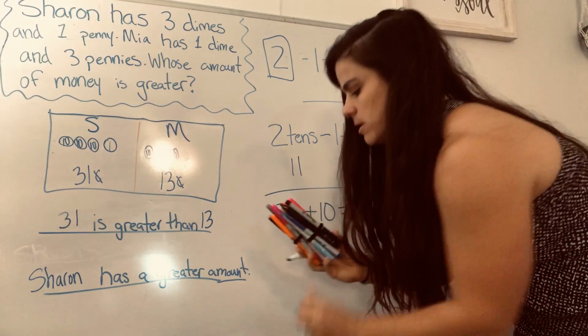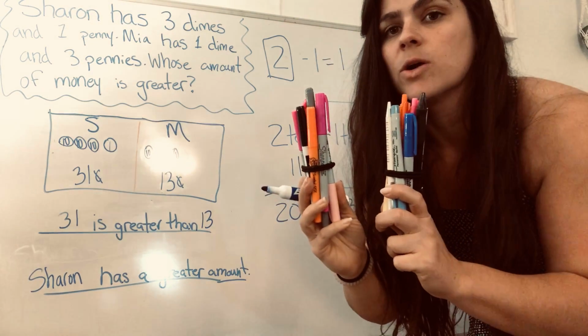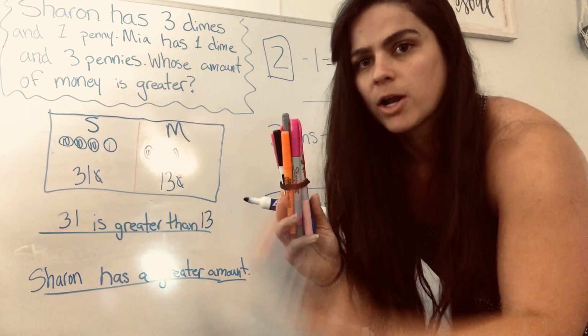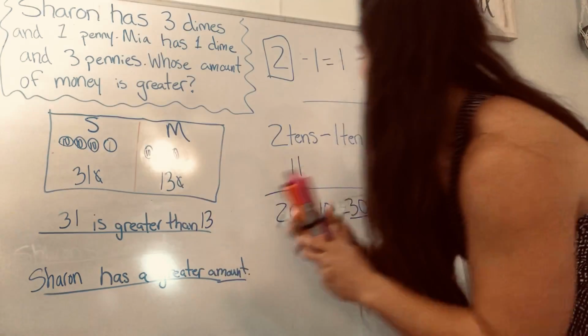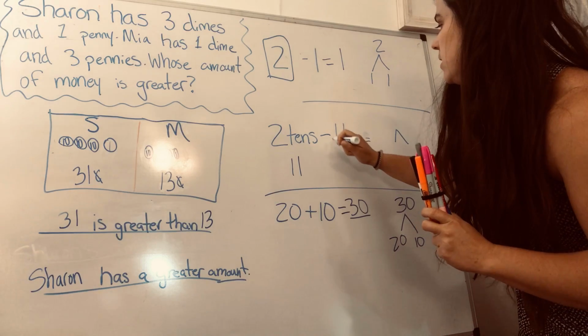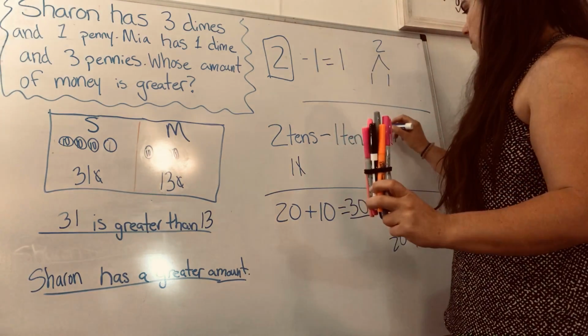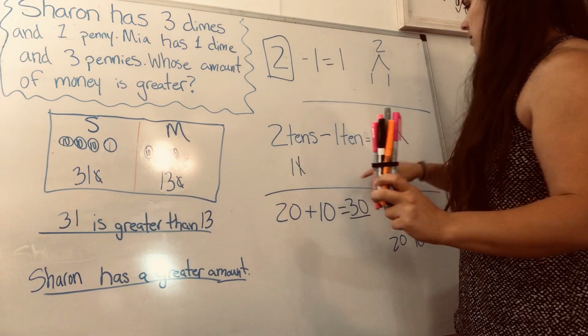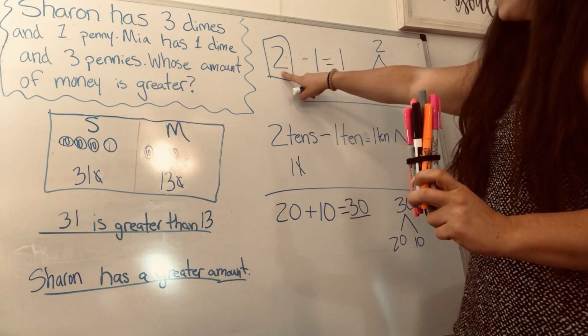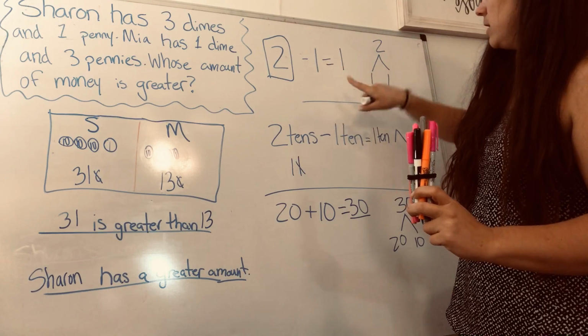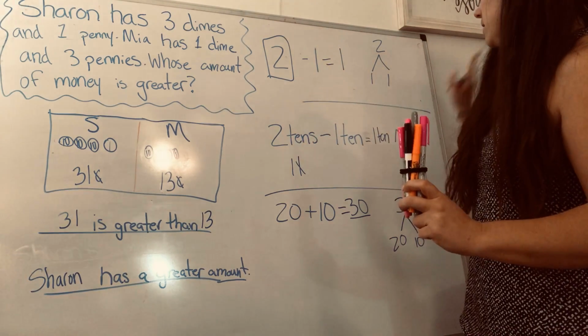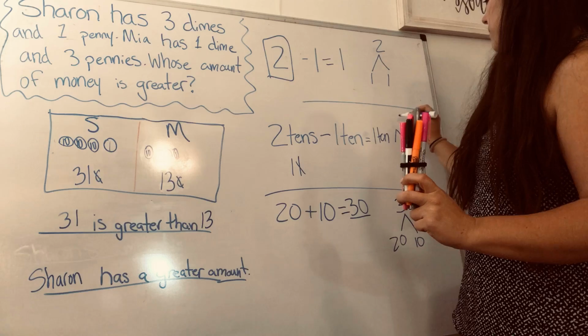So in your pictures in your problem set, you're going to cross 1 out. It says cross out 10. Cross it out. I'm left with 1 ten. So do you see how it's similar to my ones when I did 2 minus 1 is 1? 2 tens minus 1 ten equals 1 ten.